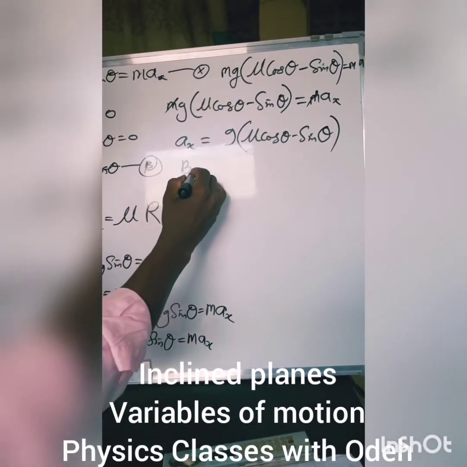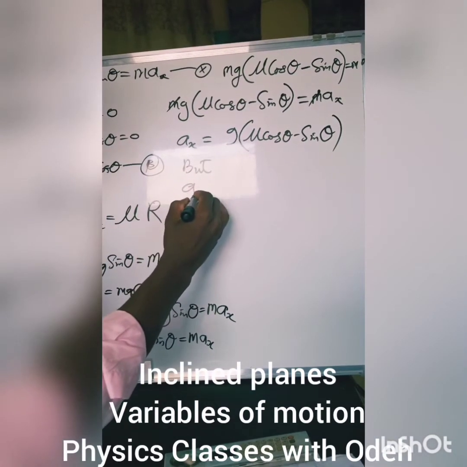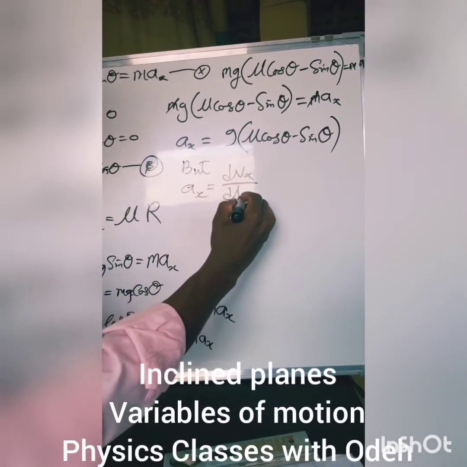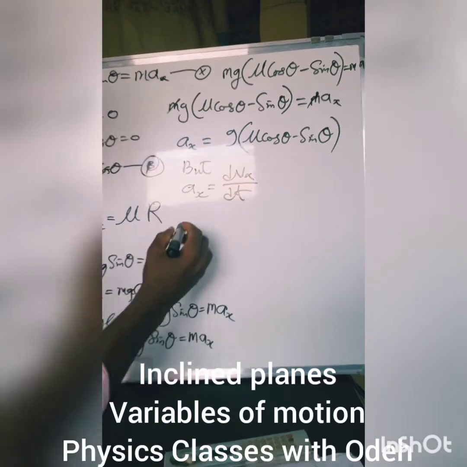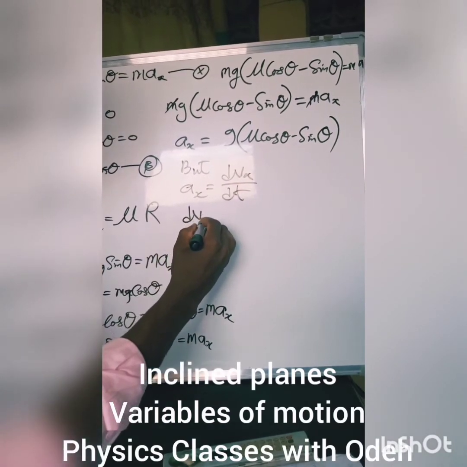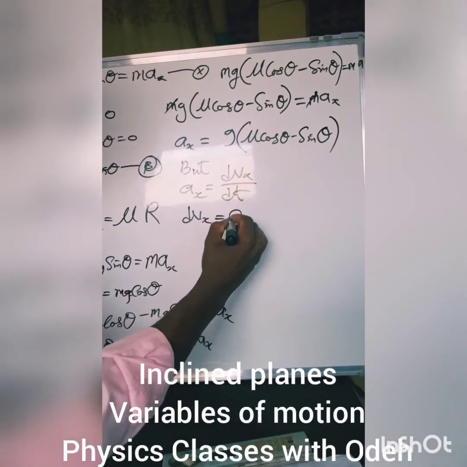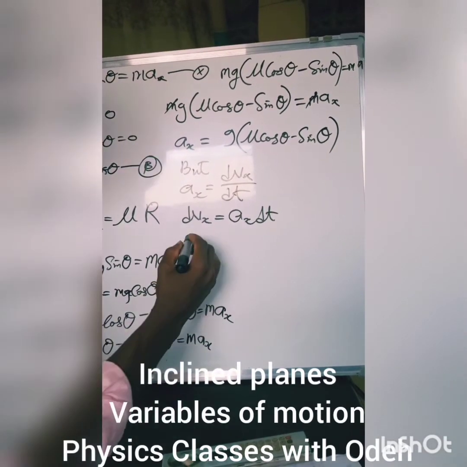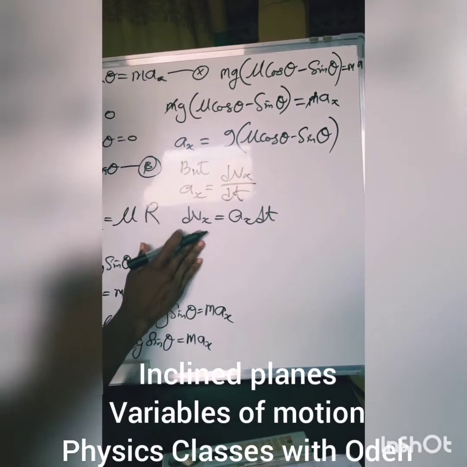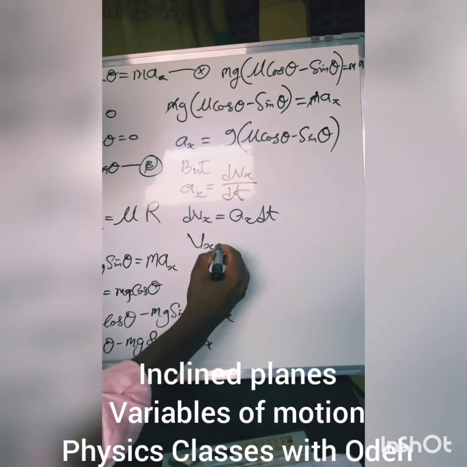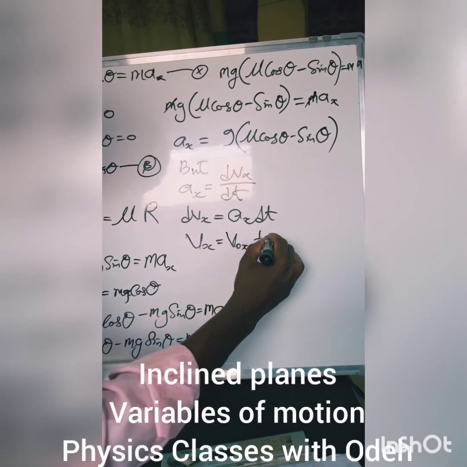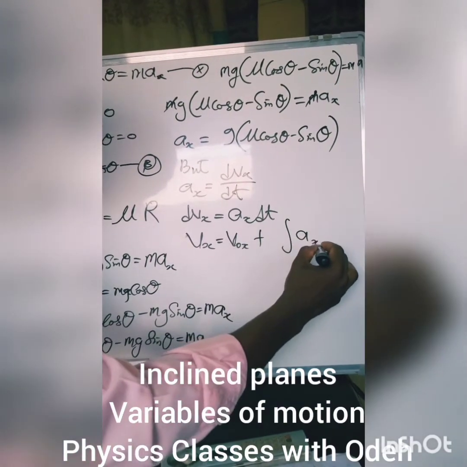But ax is equal to dvx over dt. Then we can now have that dvx is equal to ax dt. If that is the case, we're going to have that vx is equal to v naught x plus the integral of ax dt.